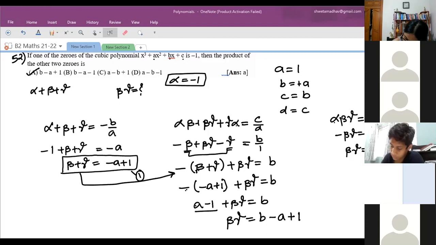Ma'am, in the 53rd one, we have to find all the relations first. Yeah, write all the relations and then check what values you need to calculate. Ma'am, I'm getting stuck after finding all the relations. Take the LCM of 1 by alpha plus 1 by beta plus 1 by gamma. Simplify that first.